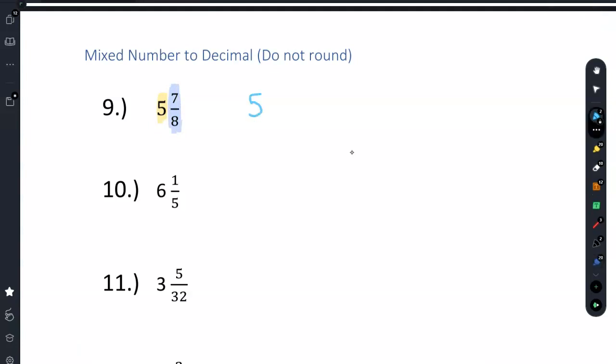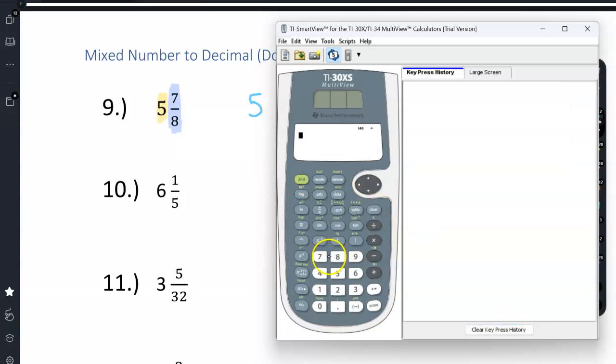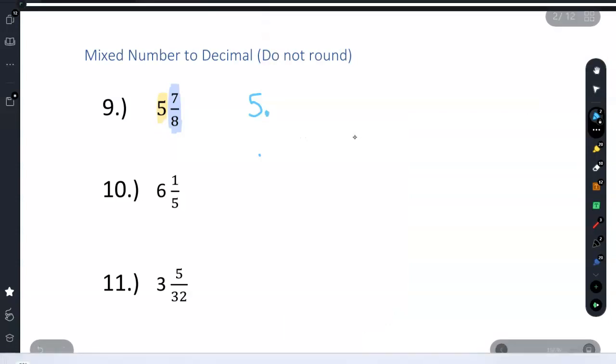The whole number is just going to be 5, but my decimal is going to be whatever my fraction is. I'm going to clear all of this. So that would just be 7 divided by 8. And in this section, I'm asking you not to round. So that gives me 0.875, but I see a 0 in front of it. But I have to remember I only typed in the 7/8 part. So that would be point, and I've already forgotten it. Let me pull it back up. 875.